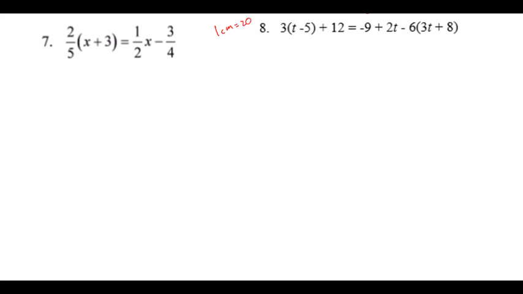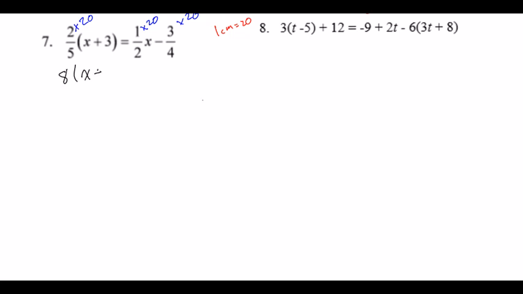In this case, we're going to take 20 and multiply each of these numbers sitting in front of the brackets and fractions by 20. So now, 2 over 5 times 20, when you multiply that out, you're going to get 8.